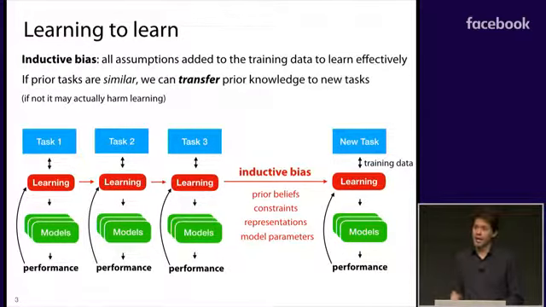The underlying part is that the prior tasks have to be similar. You can't just transfer information or assumptions from tasks that are very different. They have to be somehow similar. If not, then you may actually harm the learning, right?